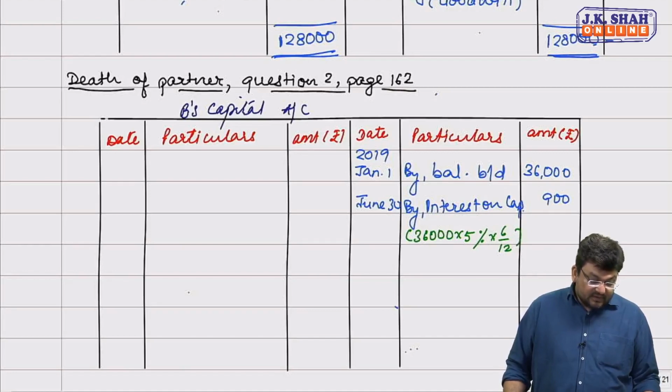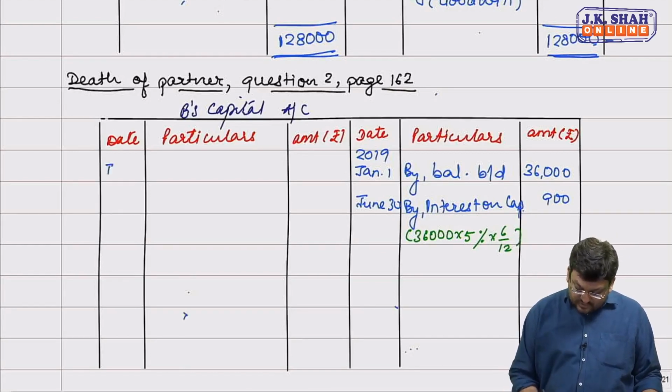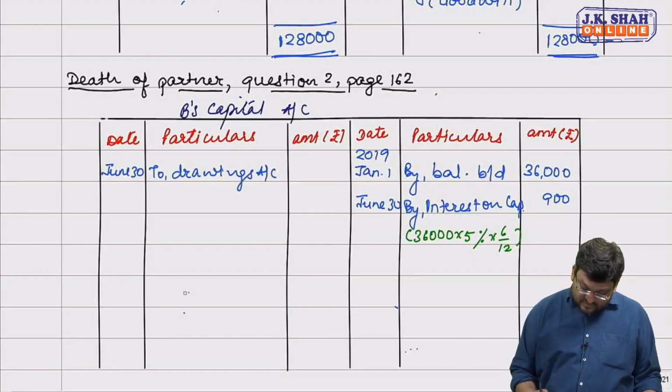Point 3. His drawings had been 600 per month. He is withdrawing 600 every month. If he is withdrawing 600 every month, can we say up to 30th June he must have withdrawn 3,600? That drawings will be debited to his capital account. 600 every month for 6 months.